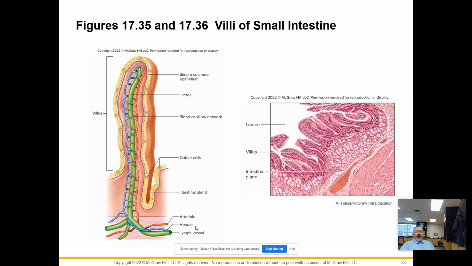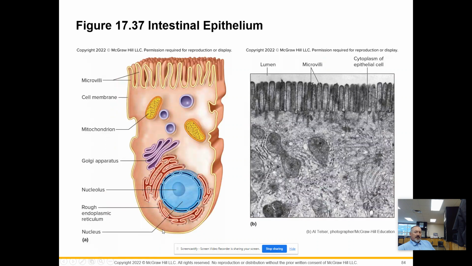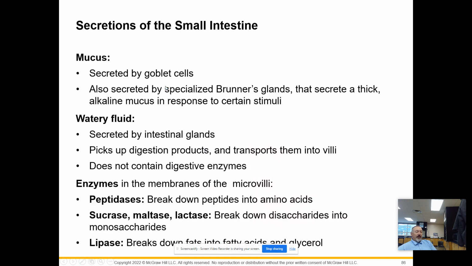All right, so we have the villus. We can see the simple columnar epithelial mucosal cells, the intestinal gland, and even further, going from a lacteal to a lymph vessel, moving up that highway system. And here are the microvilli on one of those cells. These are additional levels of surface area.